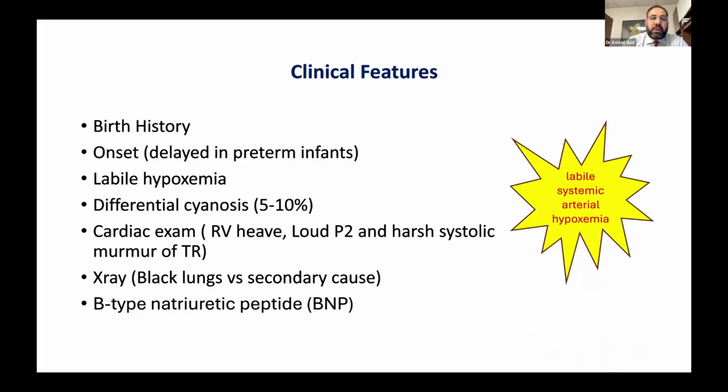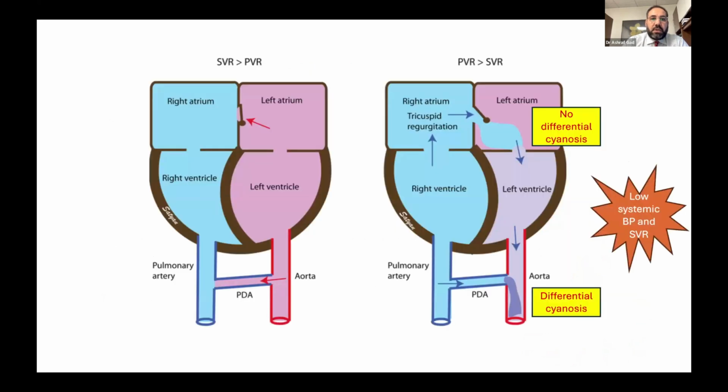One time they will be okay, and the other time they will be desaturating or even having a cyanosis. The differential cyanosis does not typically happen in all cases. It depends on the ductus, it depends on the shunt. If it's across the PFO, it wouldn't necessarily happen.